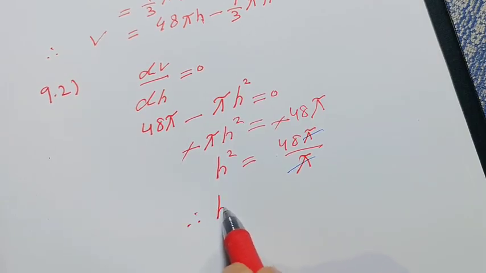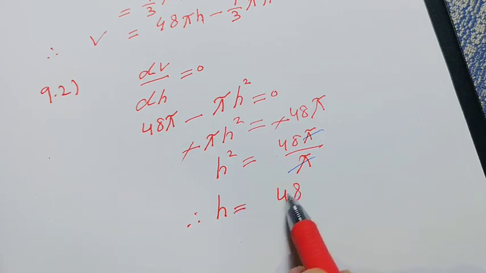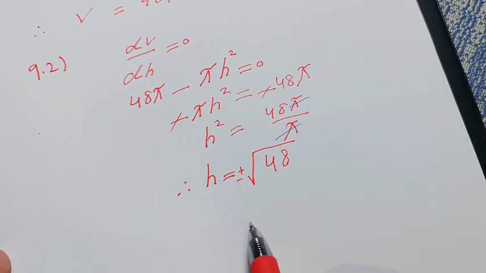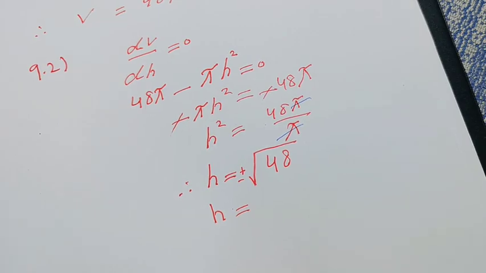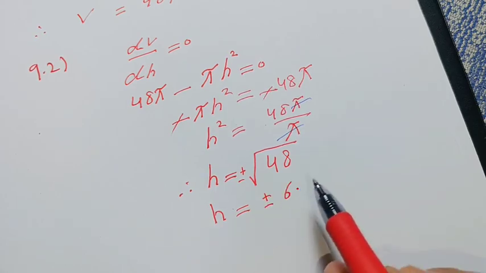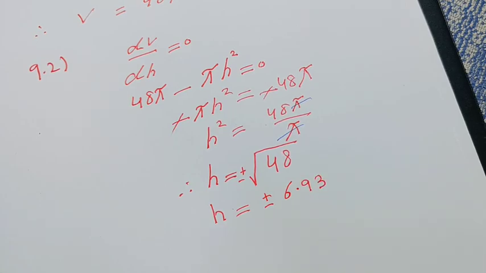Therefore h is going to be the square root of 48, positive and negative. Now for h, I'm going to use the calculator. So the answer is plus or minus 6.93. I round off to 2 decimal places.